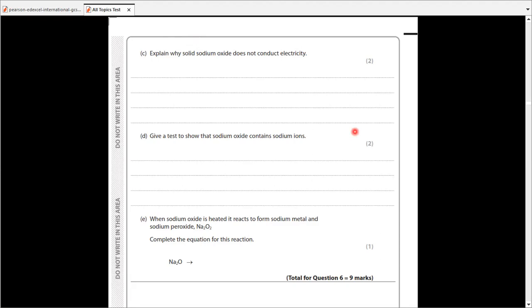Okay, solid sodium oxide has no free electrons or ions, therefore it cannot carry a charge. Right, good. Would that be the 2 marks? That would get you 1 mark. Okay, for another mark, you need to explain why the ions are not free to move.